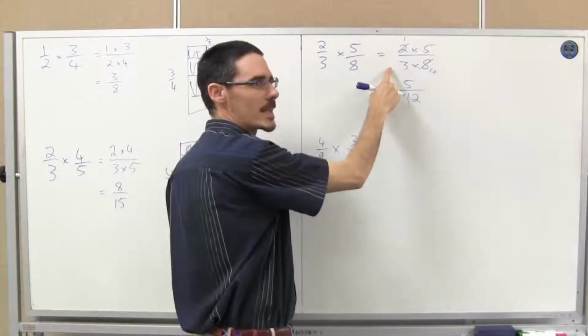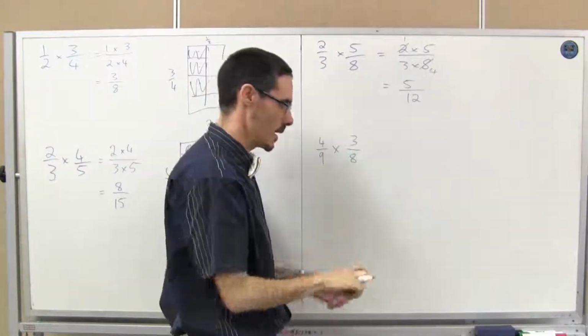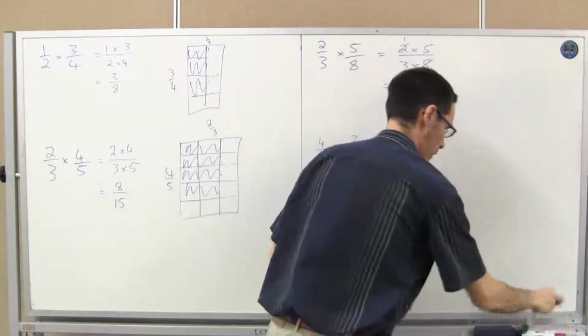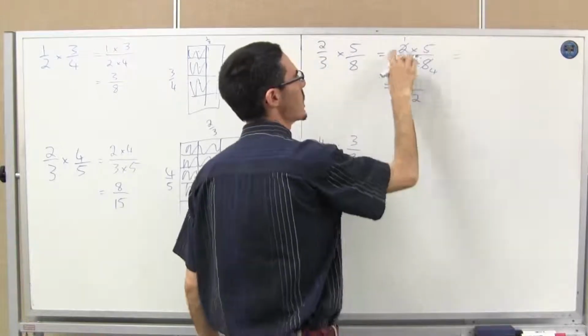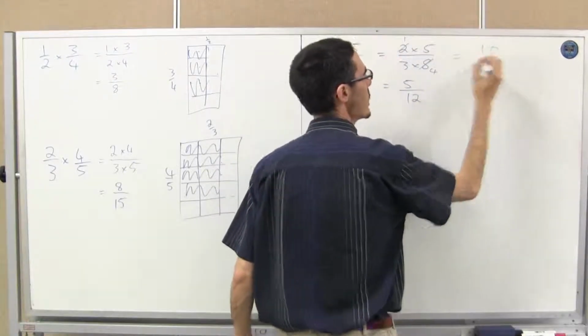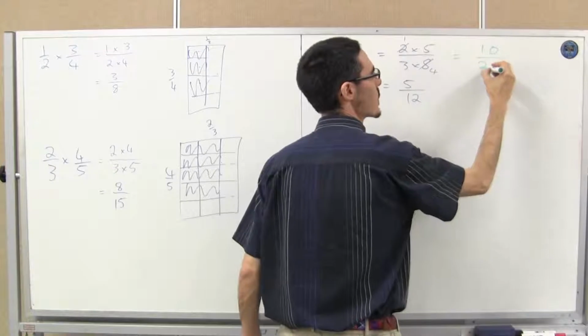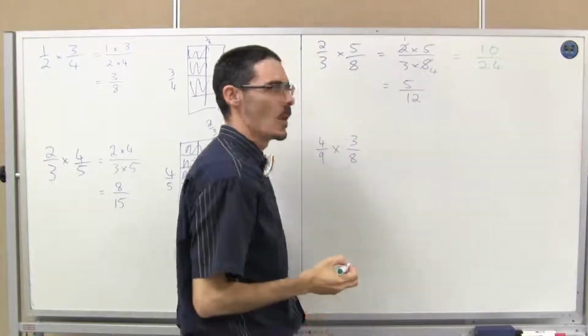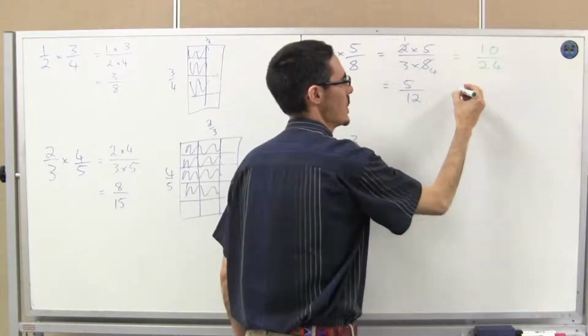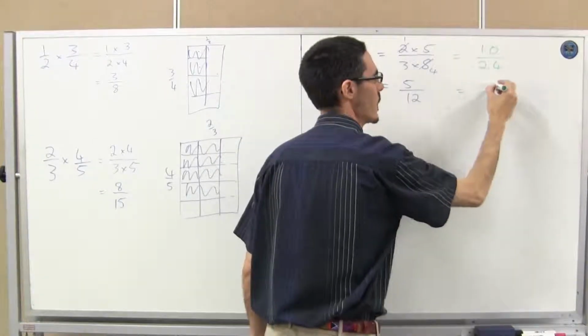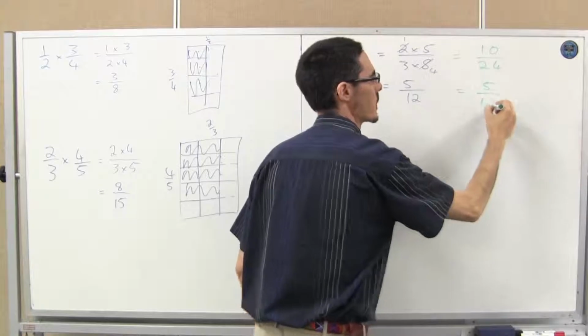If you don't spot this here, it's okay. Let me show you what happens. If you didn't spot that, and you just went, 2 times 5 is 10, and 3 times 8 is 24. Well, wait a minute, there's a common factor here of 2. Divide the top by 2, and the bottom by 2.